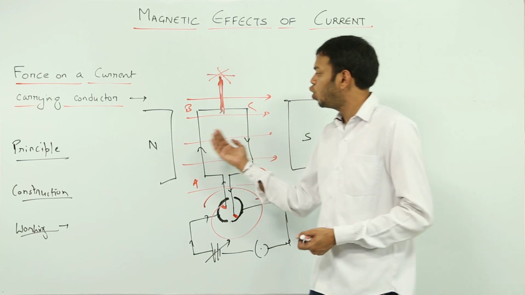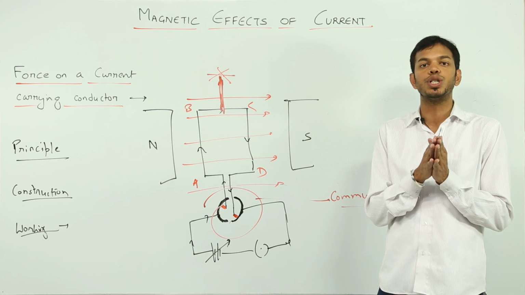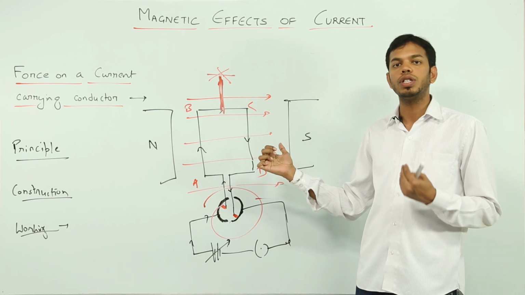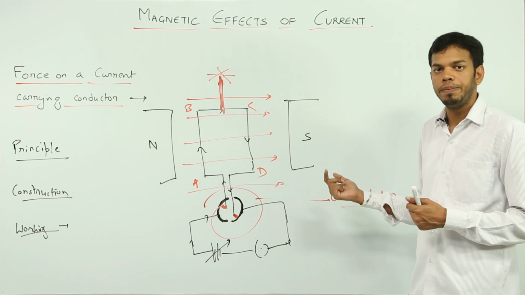So this loop is under the action of two equal and anti-parallel forces, due to which they constitute a couple, and the moment of force is given by torque. So this torque makes this rotation possible.